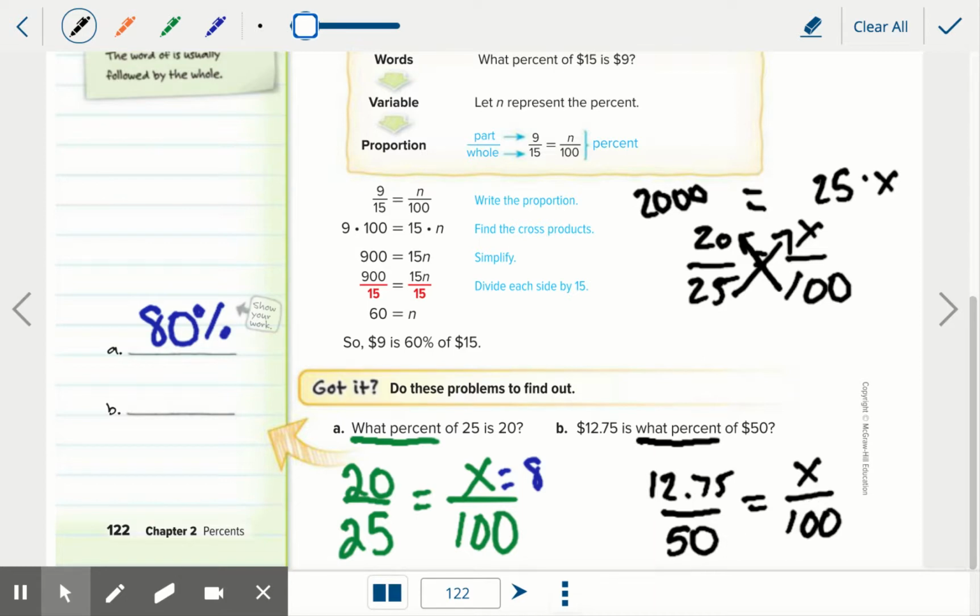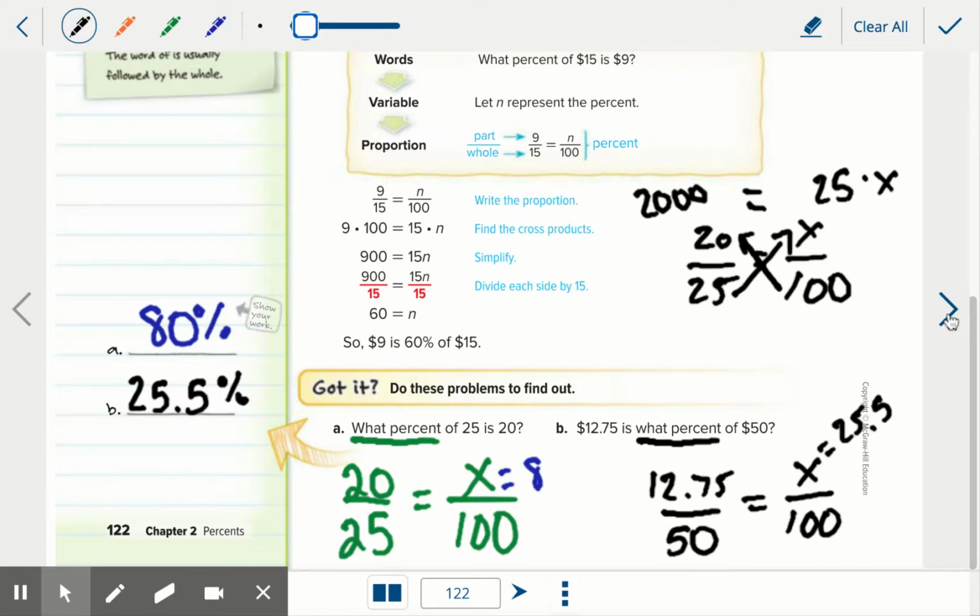So I should be able to just do 12.75 times 2, and I get 25.5. Now because this is again a percent, so over here I'm going to write 25.5%.